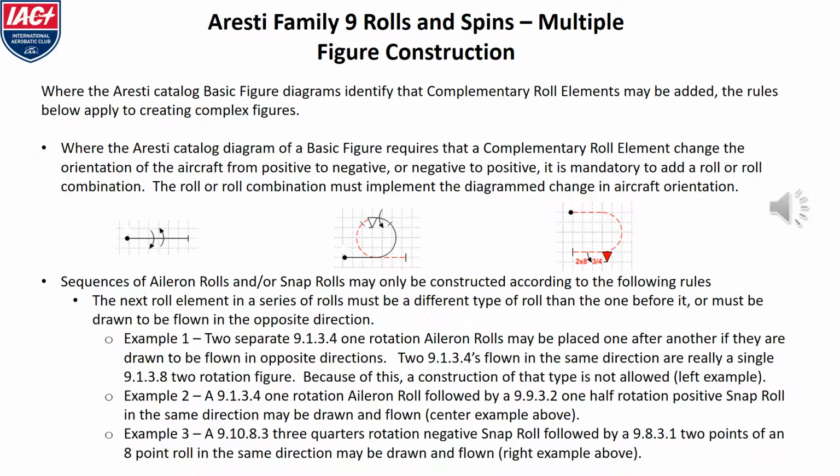That snap roll can be drawn to be in the same direction as the aileron roll or opposite. The example shows the snap in the same direction. The third example on the right shows a 3/4 rotation negative snap roll followed by 2 points of an 8-point roll in the same direction, which is allowed because they are different rolls.